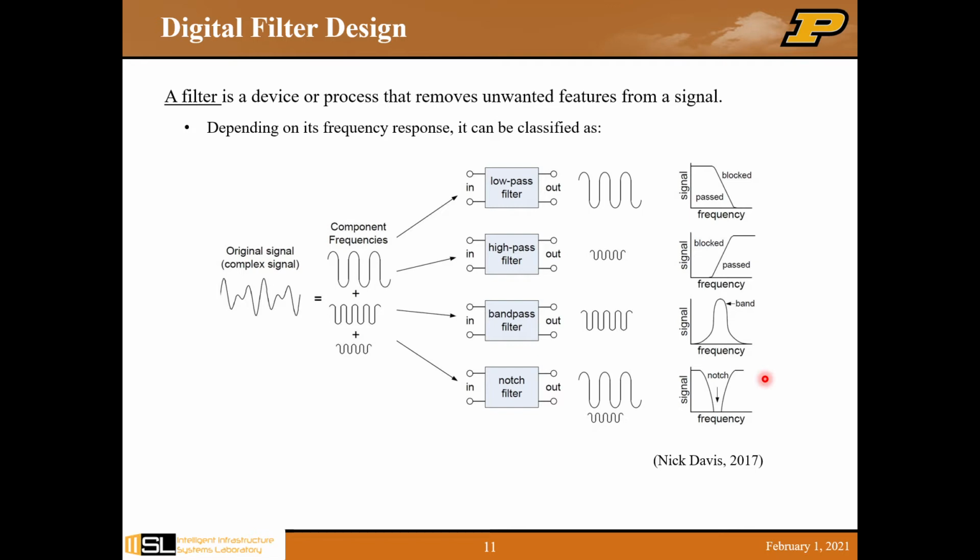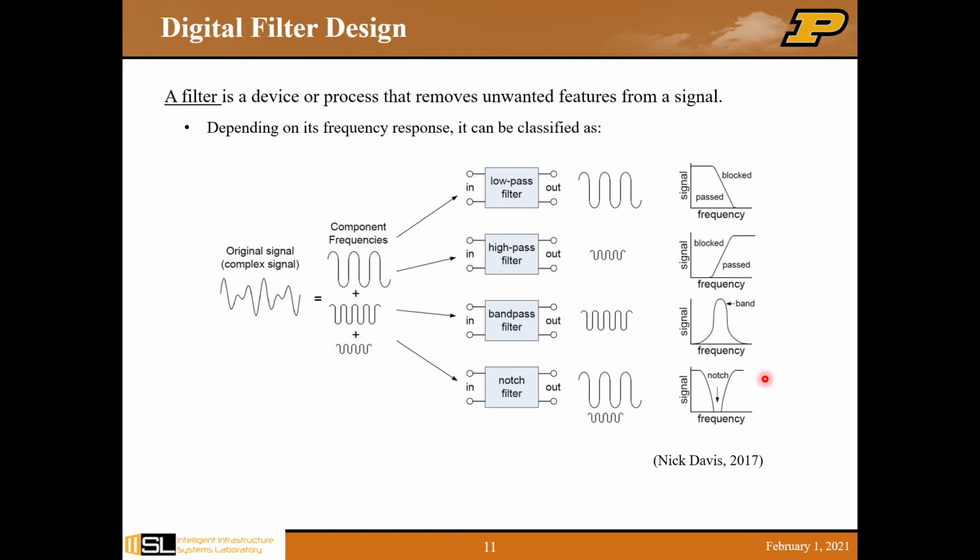A filter could be a device or a process. The device could be an analog filter built upon different circuits, and the process here represents data analysis that is programmed in the chip, microprocessor, or computer. And the filter's purpose is to remove unwanted features from the signal.